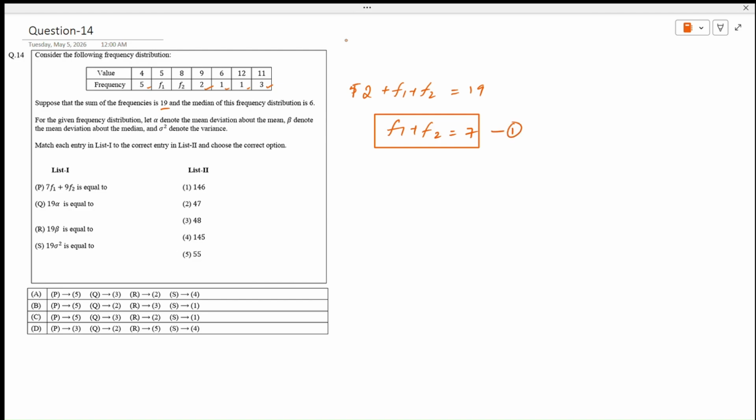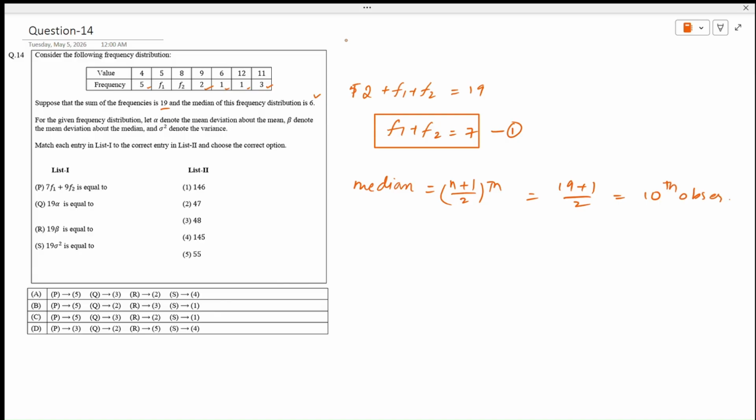And then we know that the median is equal to 6. Median is nothing but the (n plus 1) by 2th observation, right? In this case, it is (19 plus 1) by 2, the 10th observation.